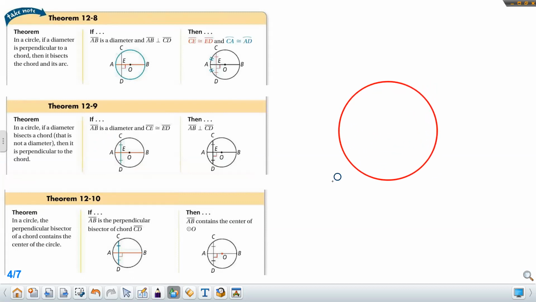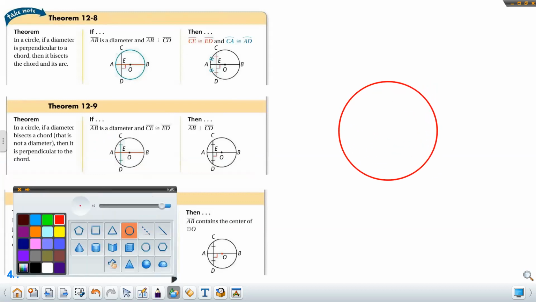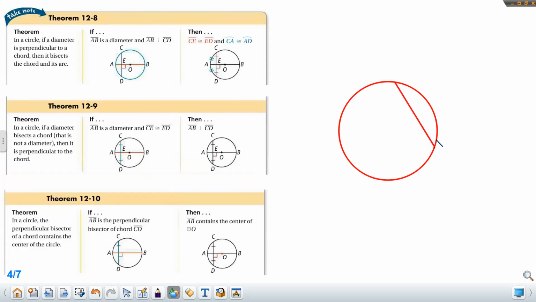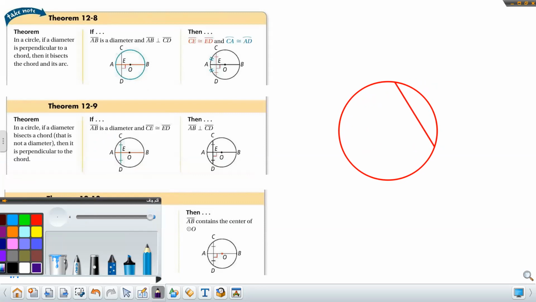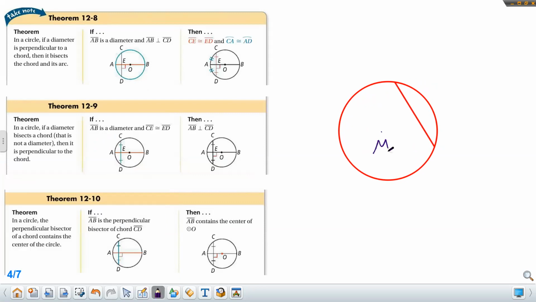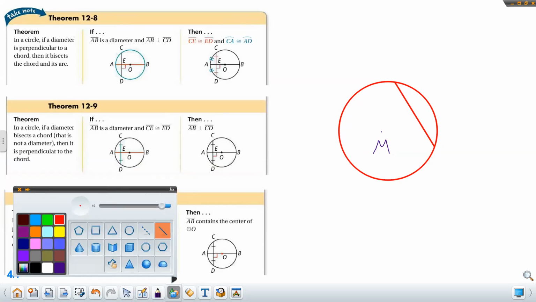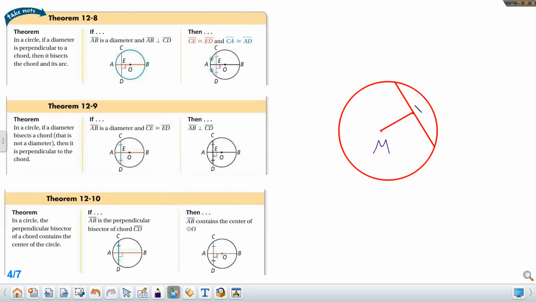If you have a circle like this, and you have a chord like this, for example, and the center here is M. If a line passes through the center and is perpendicular to a chord, then it bisects it.